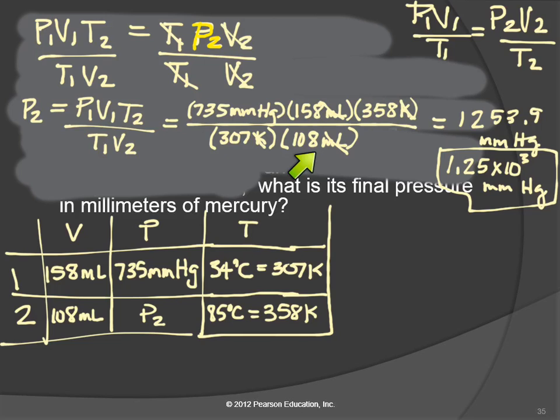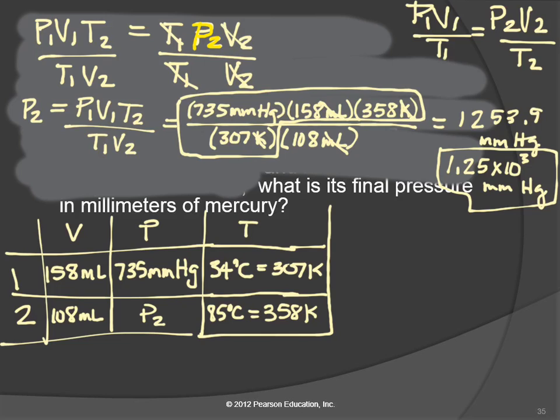Your calculator doesn't understand that. It's going to take all of this and do all that math and multiply by 108, when what you really needed to do was divide.